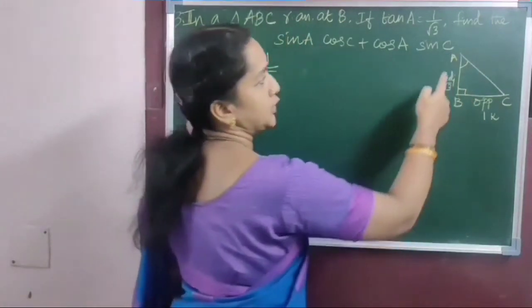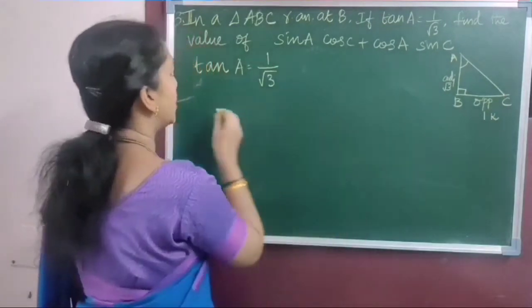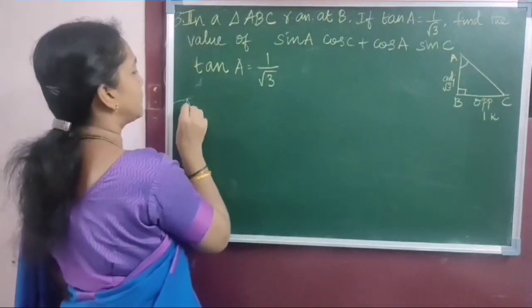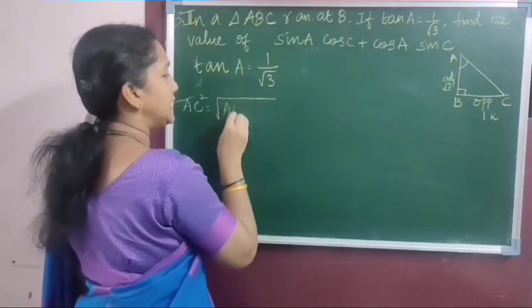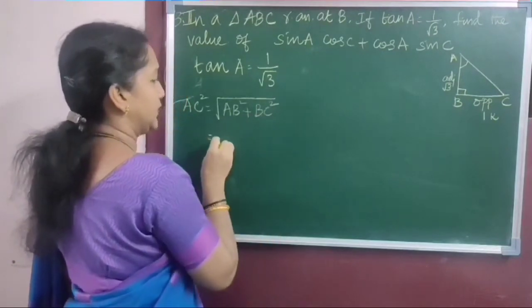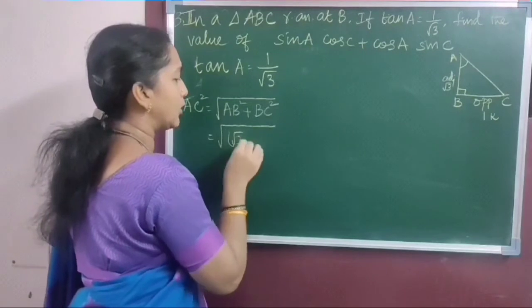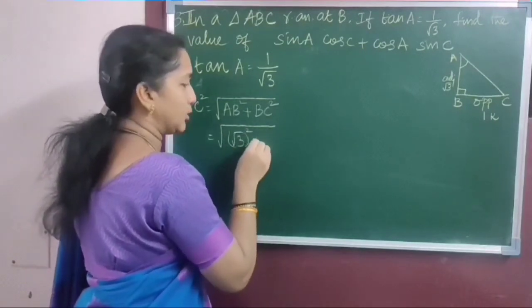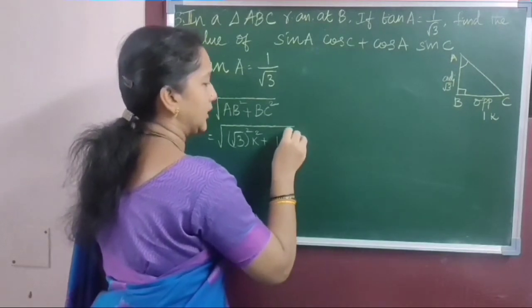Now you will find the value of the hypotenuse using Pythagoras theorem. AC squared is equal to AB squared plus BC squared. AB squared is root 3K the whole squared, plus BC is 1K squared.